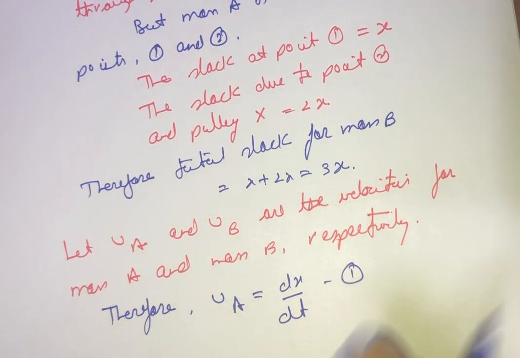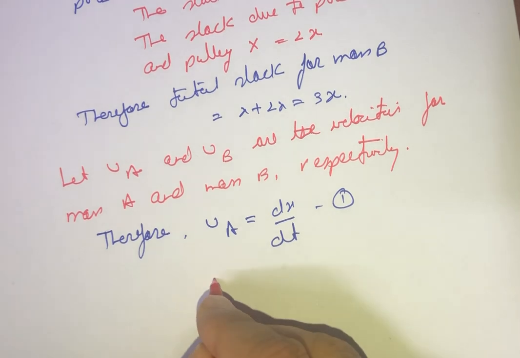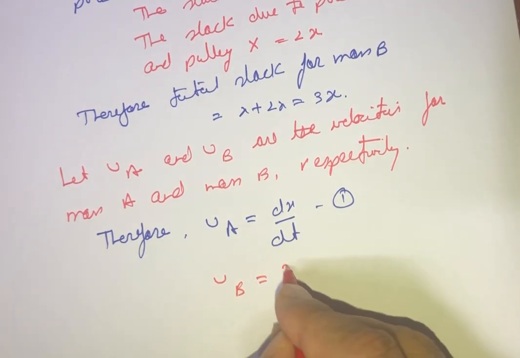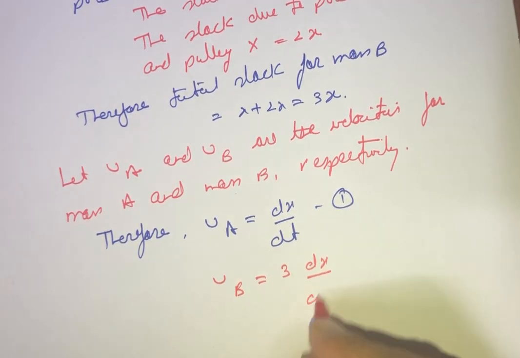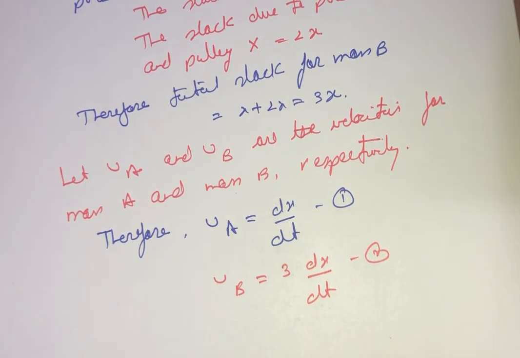Let this be equation 1, and VB will be equal to 3 dx by dt. Let this be equation number 2.